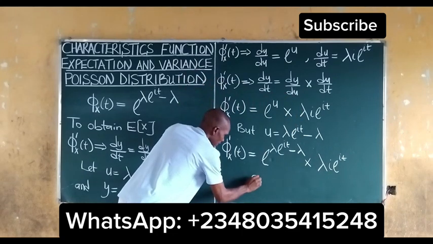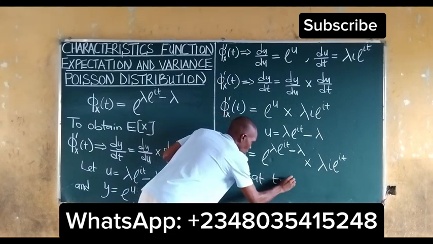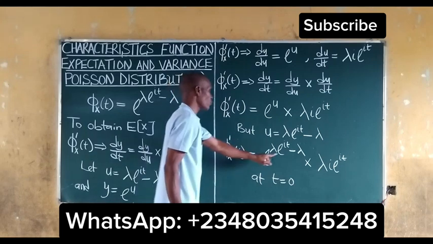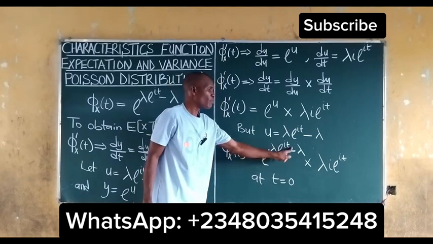Now we evaluate at t equal to 0. Anywhere we see t, we put 0.